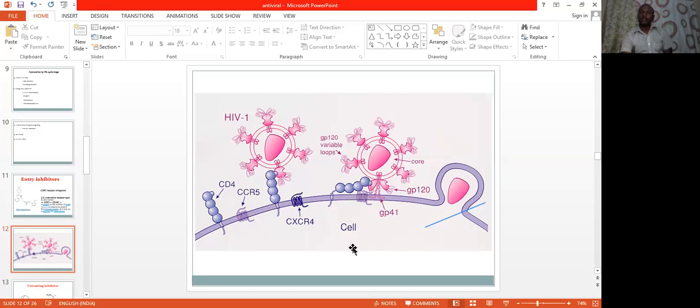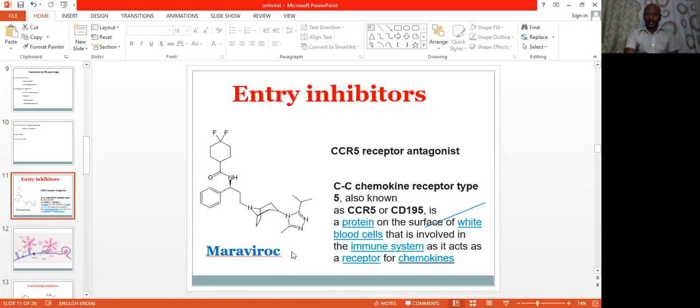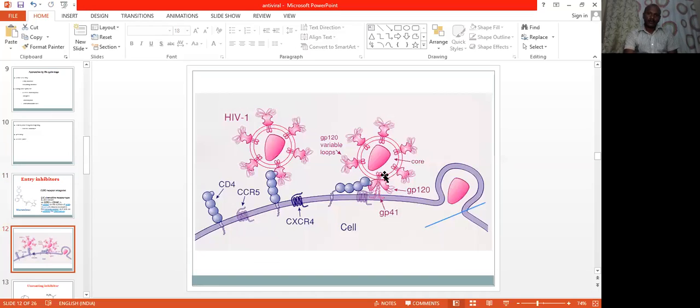Once it diffuses, replication and all the synthetic steps take place, and the virus multiplies. So the entry inhibitor here is maraviroc, an antagonist of CCR5. It inhibits the CCR5 receptor so that the virus will not bind to the CCR5 and cannot enter the cell. So this is the entry inhibitor.